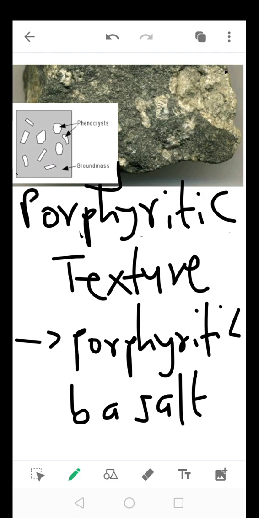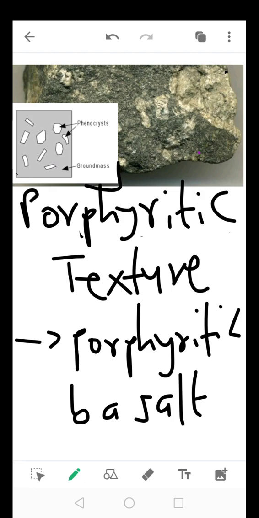But other textures, such as a porphyritic texture, are well seen in the rock porphyritic basalt. The porphyritic texture is rather the type of texture characterized by two stages of cooling. That is to say, slow cooling to grow few, large crystals, and then the second stage followed by rapid cooling to grow many smaller crystals.